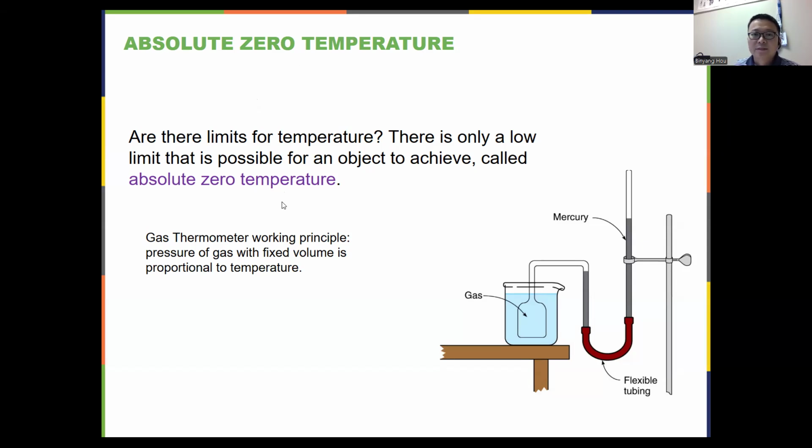This could be demonstrated by using a gas thermometer. This is a very old style thermometer here. You have mercury over here, and then you have an empty bottle over here. If you label the left-hand side of the U-shaped tube and the right side of the mercury surface level, and fix the two levels from the right to the left, then you have a fixed pressure inside the gas here.